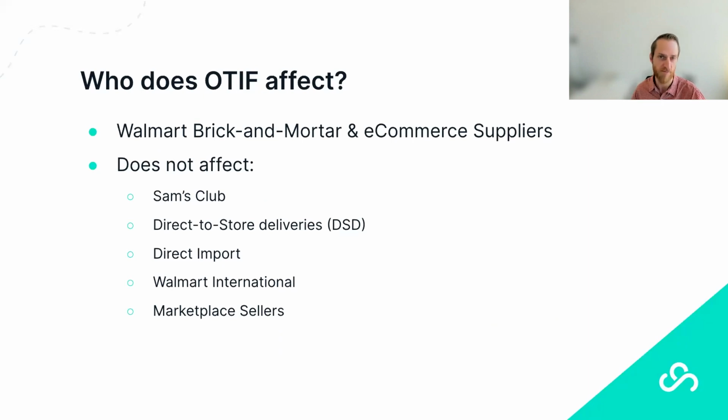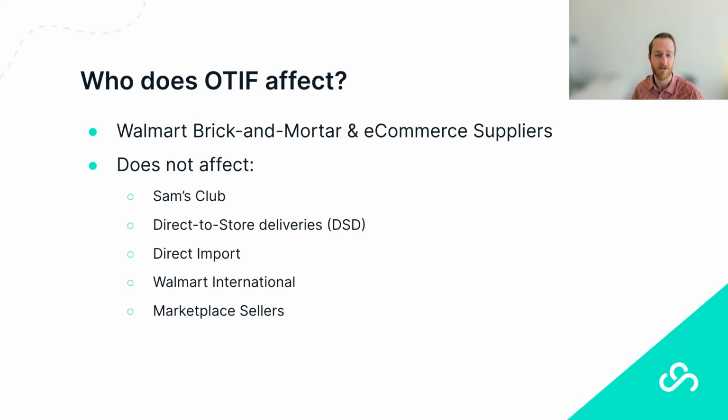There's other types of suppliers that are not impacted by this OTIF program, including Sam's, DSD, direct import, international. And if you are a DSV vendor, dropship vendor, where you're fulfilling individual customer orders on walmart.com yourself, you would not be beholden to these OTIF requirements.